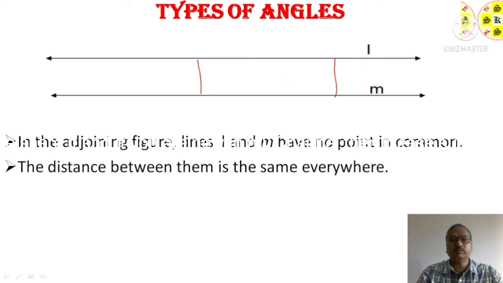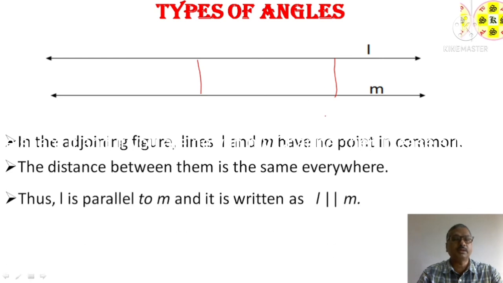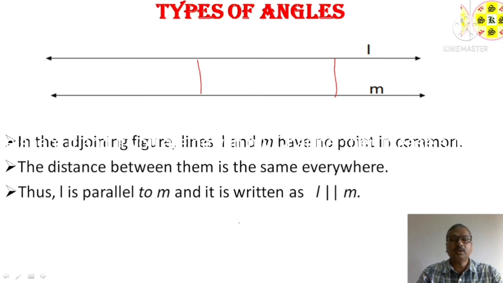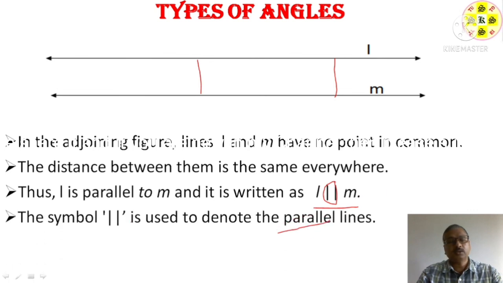The distance between these two lines is the same everywhere. So these types of lines are known as parallel lines. If L is parallel to M, we use this notation to express that these two lines are parallel to each other: two vertical lines. This symbol is used to denote parallel.